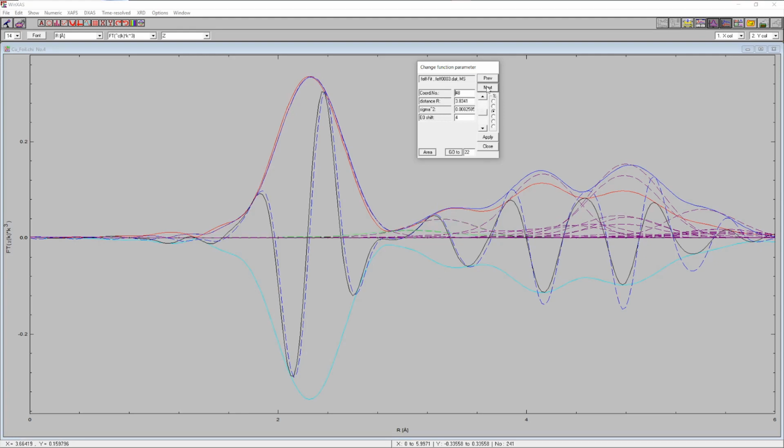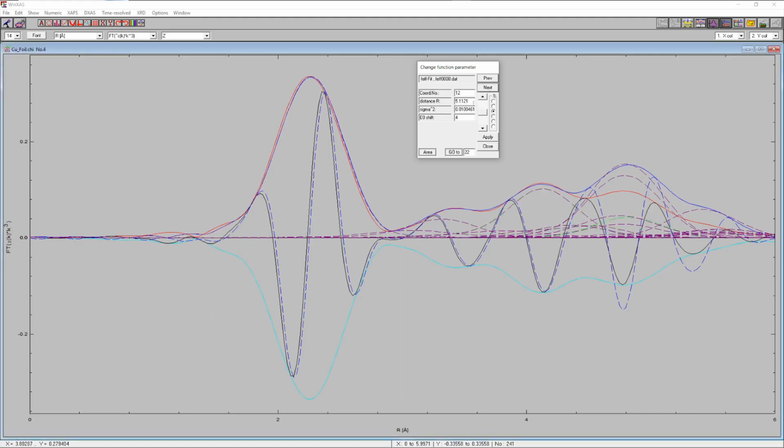And then we continue. You see there is an MS, which means those are the multiple scattering path that we do not want to change. We are looking for the single scattering path here, and we want to increase the Debye-Waller factor and by that decrease the amplitude and see if we can, by hand, get a better agreement between experiment and theory.